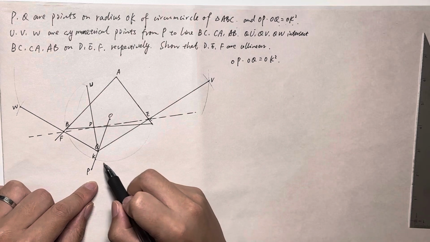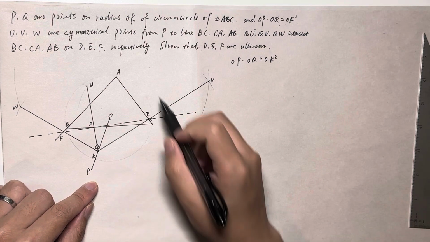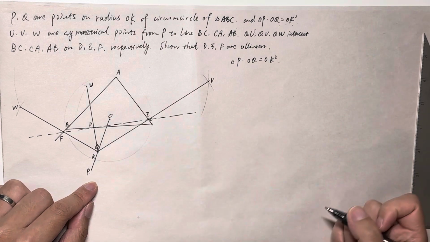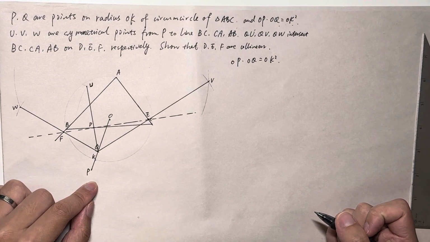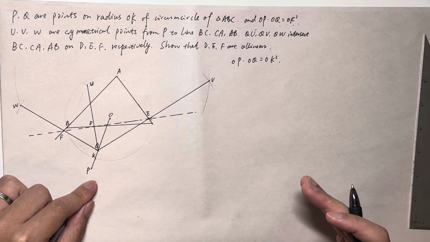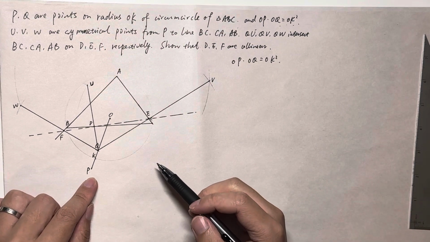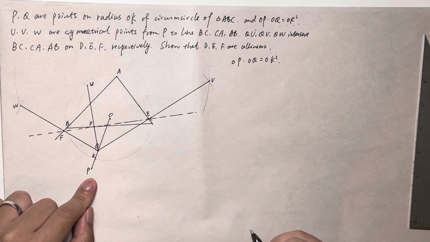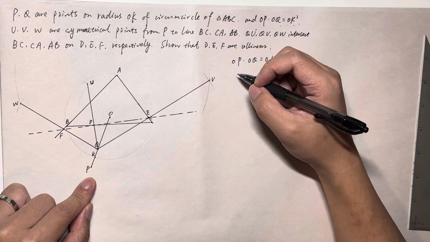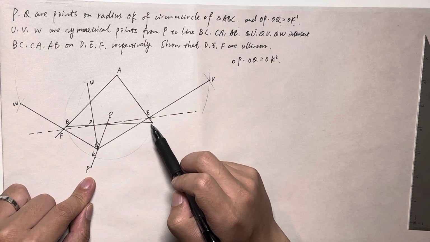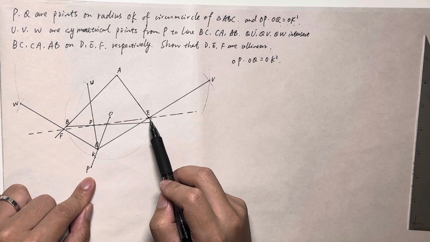It's just two points on the circumcircle instead of two points on the radius. In that problem that we solved about two videos before, we used the Menelaus theorem. Here we can still try to use Menelaus theorem, which means we have a triangle ABC here, and FDE would be the intersection line.